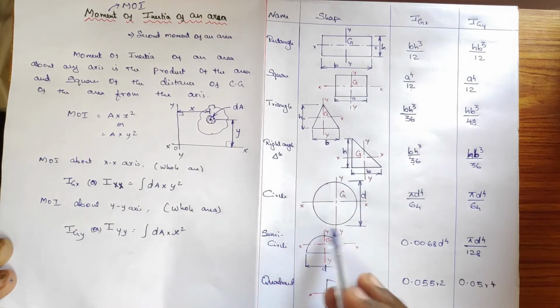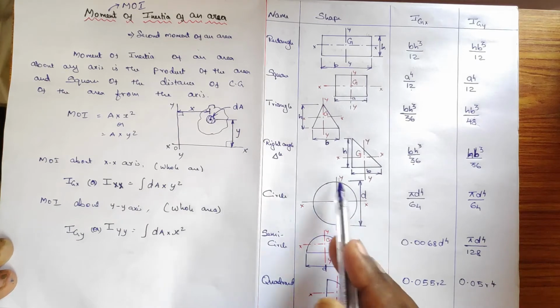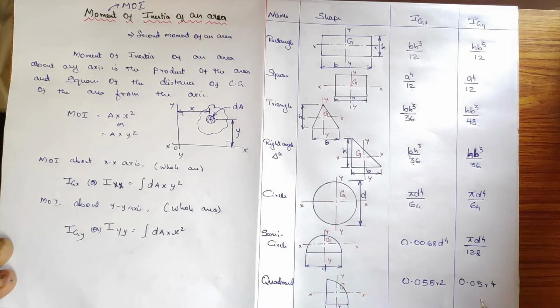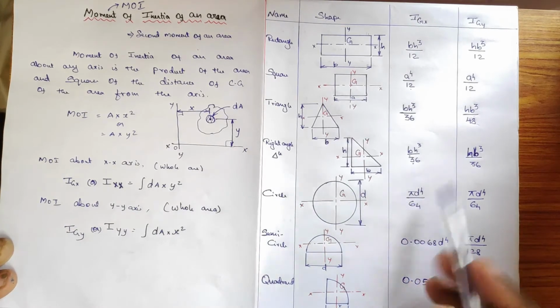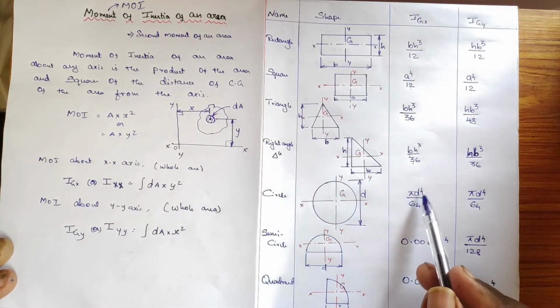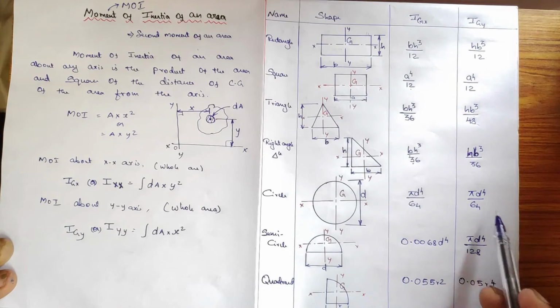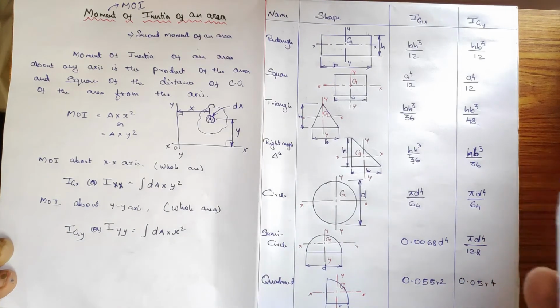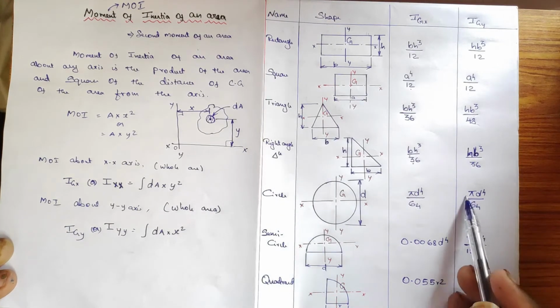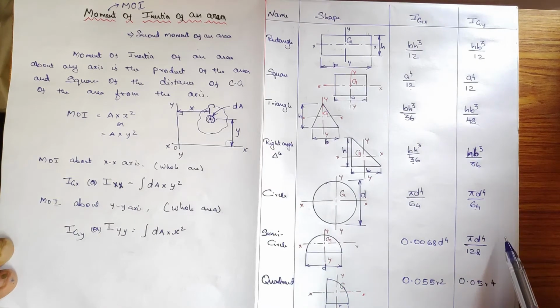And for the circle, the measurement is the diameter. All the four sides we can take as the diameter. So here Igx is pi d power 4 divided by 64, and as well Igy or Iyy is pi d power 4 divided by 64.